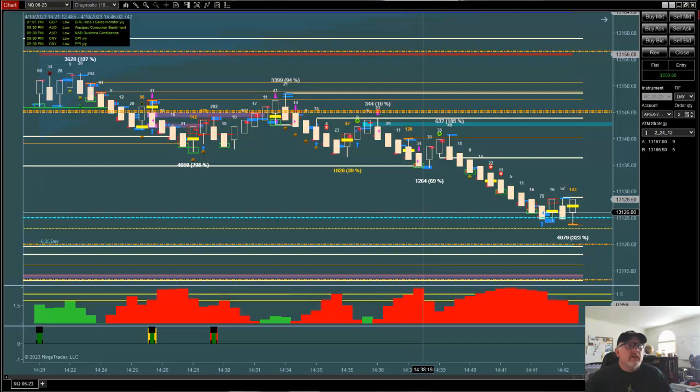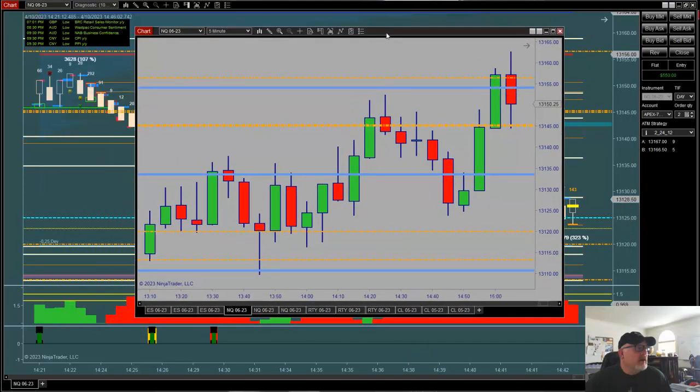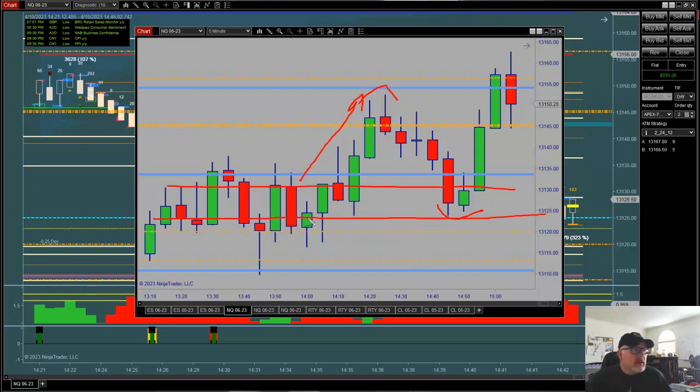What you also notice, and I want to bring over the 5-minute chart that I use, is one of the things I started noticing, and hopefully in the future I'll be able to take advantage of it. In an up day, you usually see the market move up, come back to a point. You can see this is where your supply and demand is, from the previous move, and then it decides to make a move above and beyond.